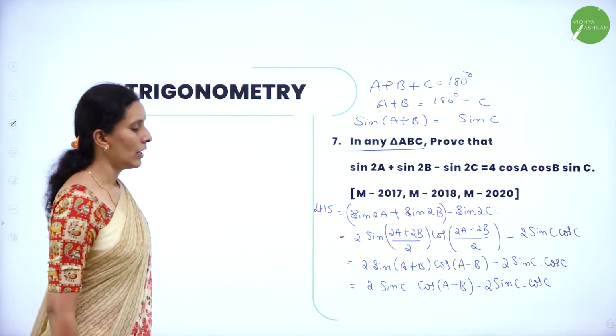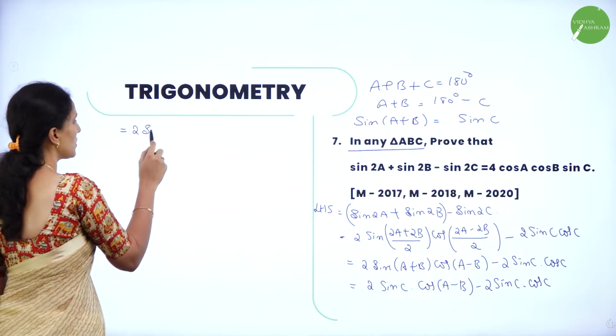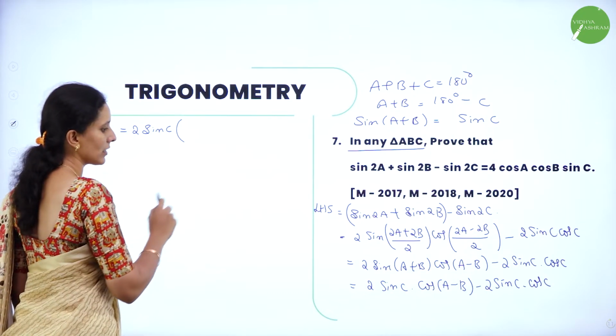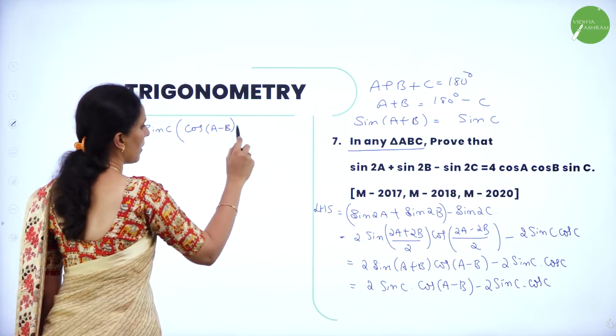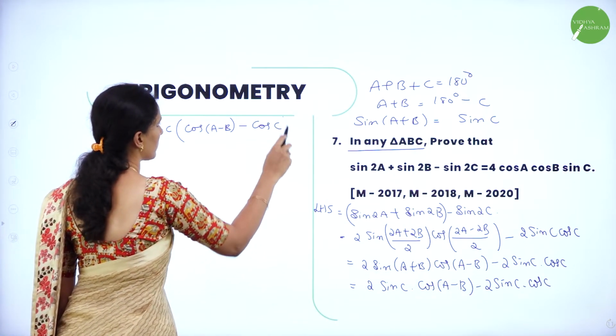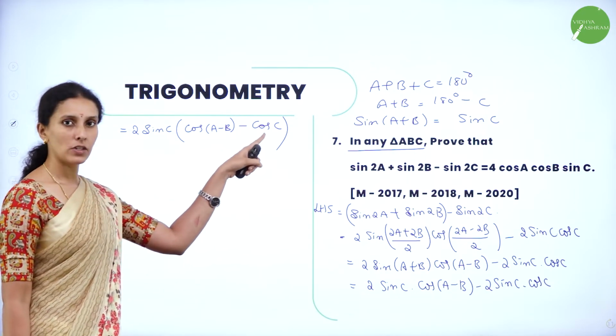Now here, let me take 2 sin C as a common factor. Once you take 2 sin C as a common factor, I'll get cos(A minus B) minus cos C. Now I have 2 sin C [cos(A minus B) minus cos C].